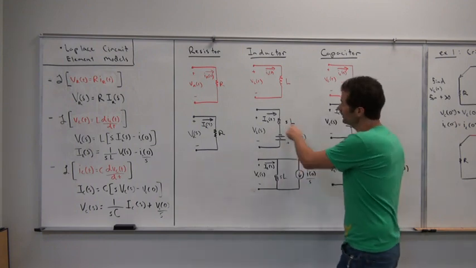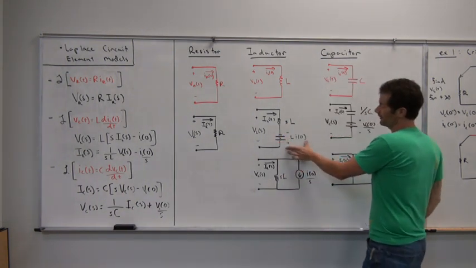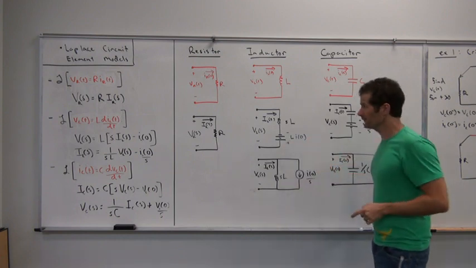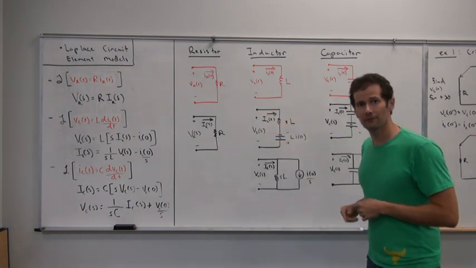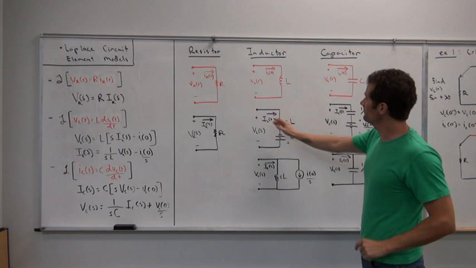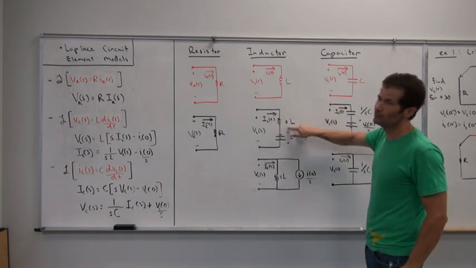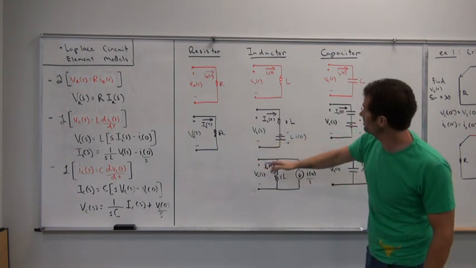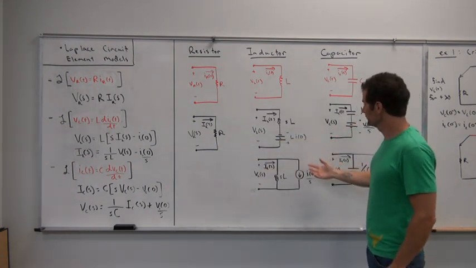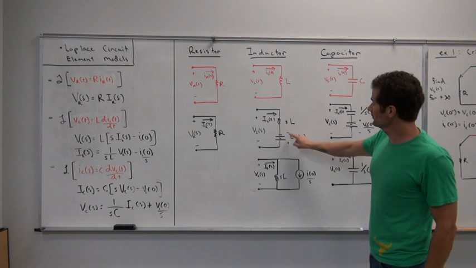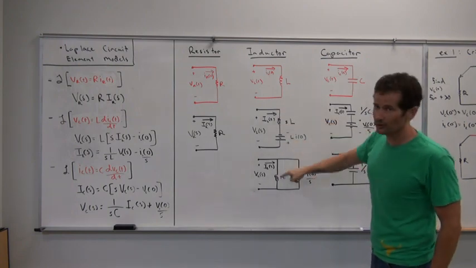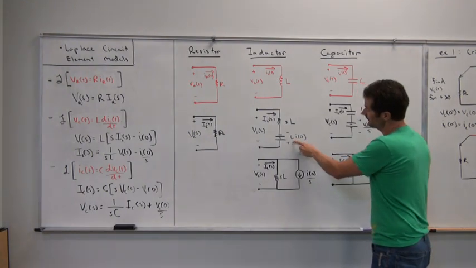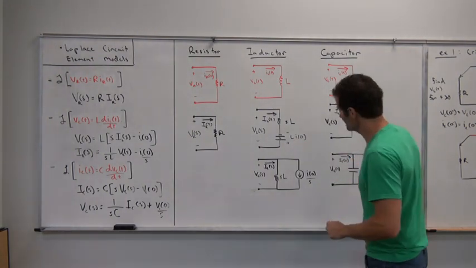And then we tack on that initial condition in the form of a voltage source that has a flipped polarity compared to VL of S. VL of S is made up of IL of S moving through SL, and then just as we saw from this equation over here, we subtract off the voltage because here we're going from negative to positive based off the way that current's flowing. That's a voltage rise, so we take that off. So here we've got L times I naught, and that signifies a voltage.